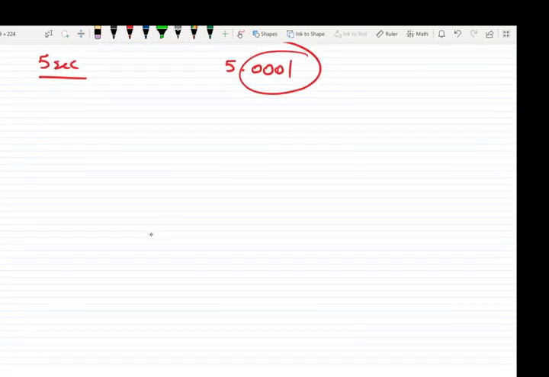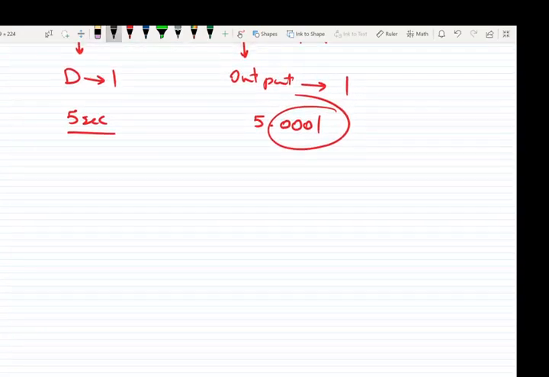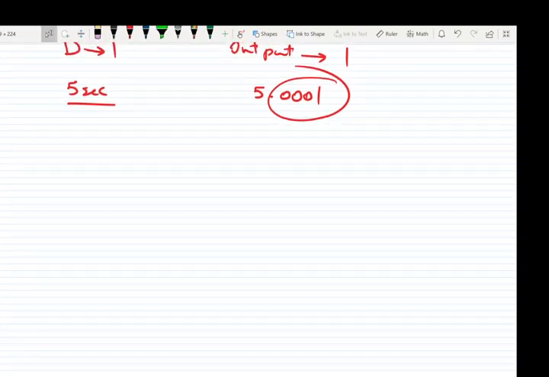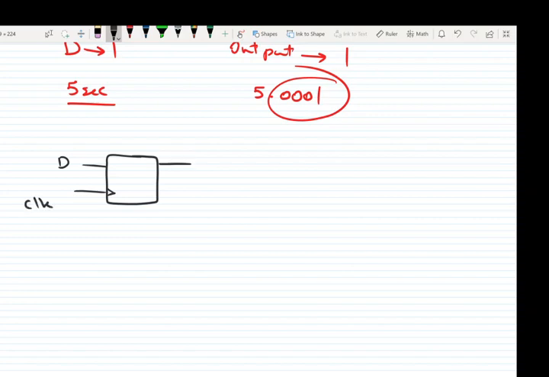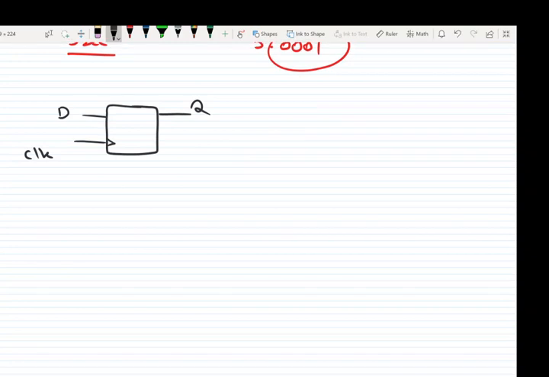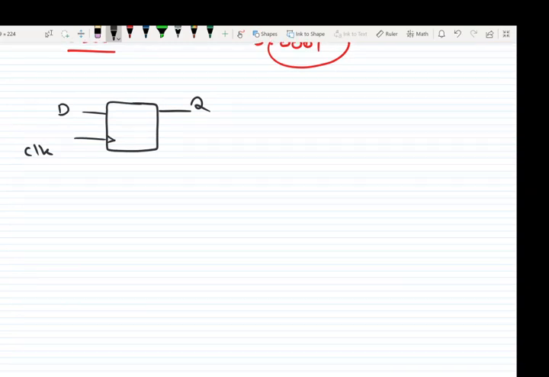Now here is a question. Let's say we have a D flip-flop, and it has a clock, and here we have Q. The first thing I'm going to discuss now is the clock cycle. So far, we showed the clock cycle something like this. Yes, it is an ideal clock cycle.